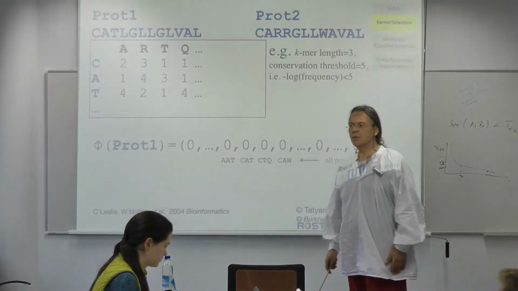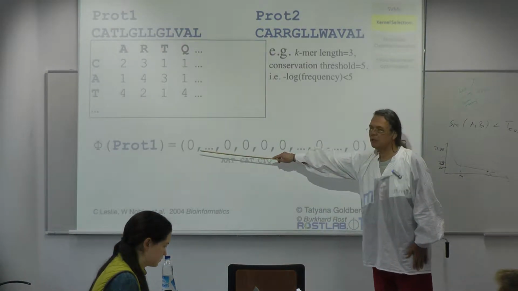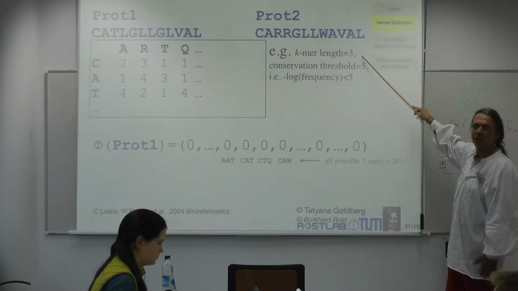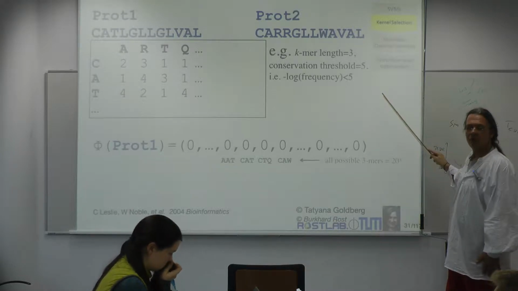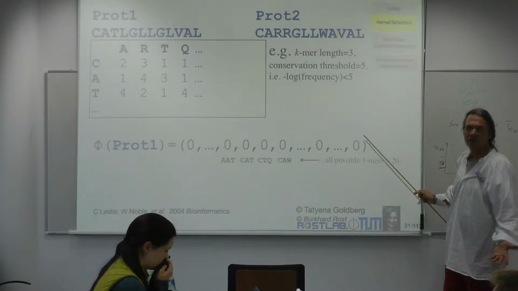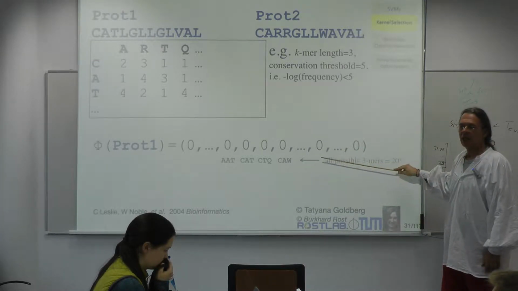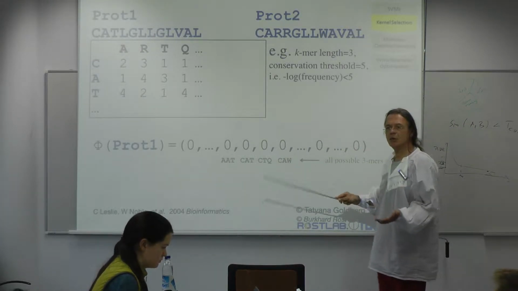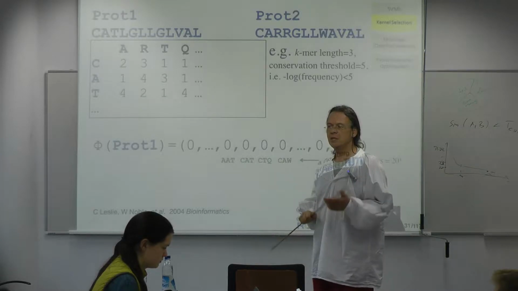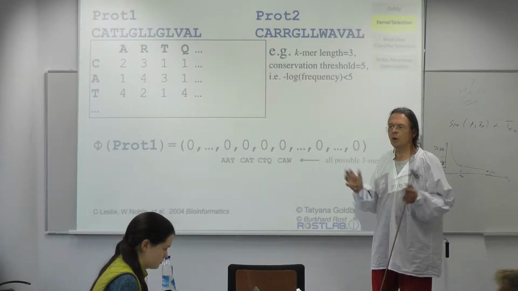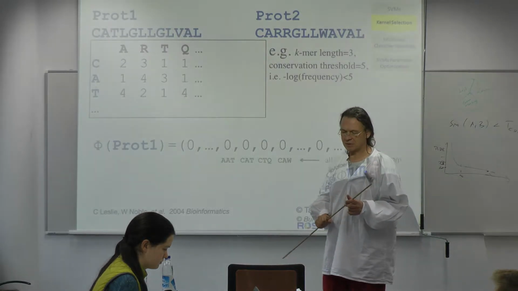That begins with the fact that I'm going to have the protein as a vector, if k is equal to 3, of 20 to the power of 3 components. So it's 8,000. I have a vector with 8,000 components. And they will be 0 or 1. 0 means I have no conserved k-mer of that type. 1 means I have a conserved k-mer of that type.